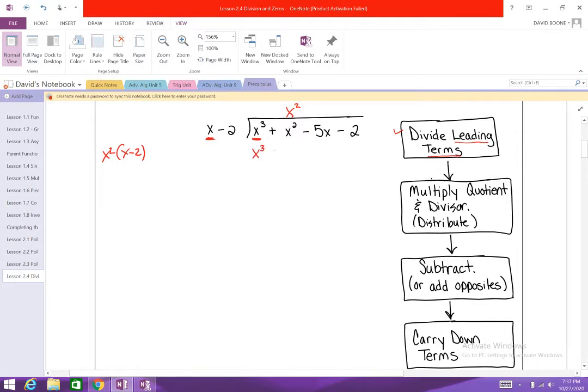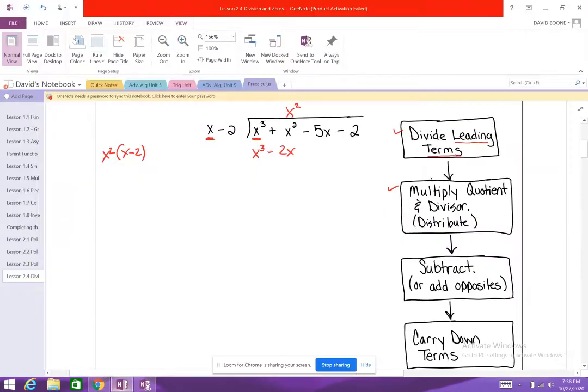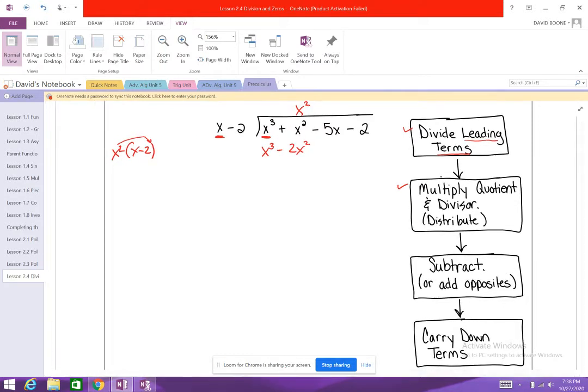X squared times minus 2 is a minus 2x, and I'm sorry, it should be 2x squared there, my bad. X squared times minus 2 is minus 2x squared.